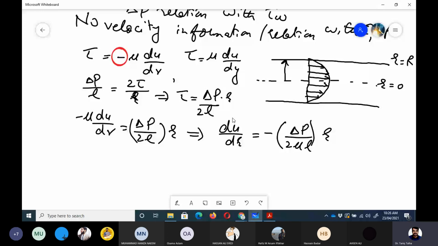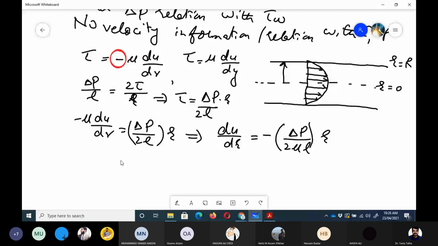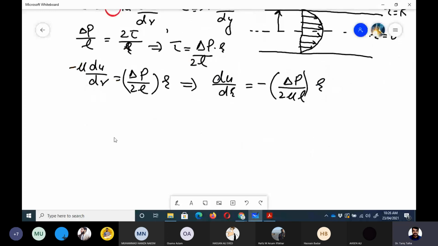So now, if we want to calculate velocity from here, we need to do the integration. First of all, we write du.